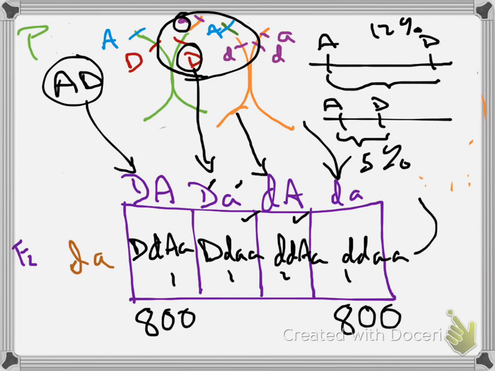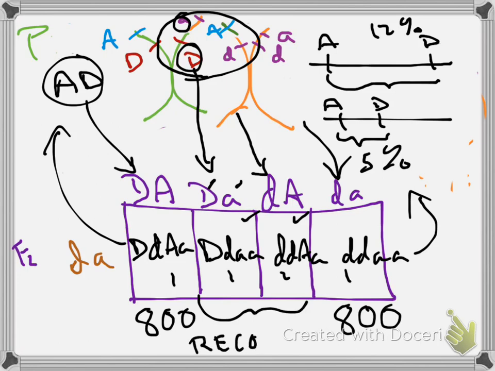Remember the parental, we talked about that, the parental phenotypes. These are the recombinants. Finally, that word I wrote at the very beginning of all this. They've recombined, right? They've got the dimples from one parent and the unattached earlobes of the other parent. And just for the sake of easy math, let's say there's 100 of these and 100 of these.